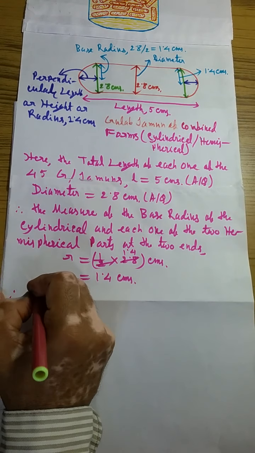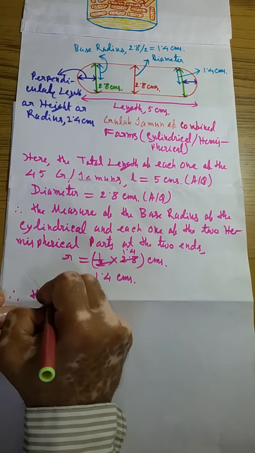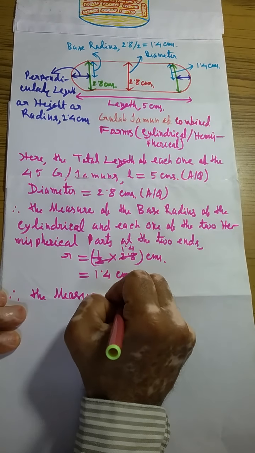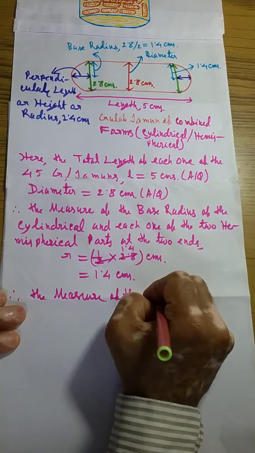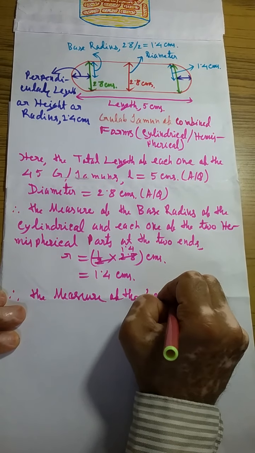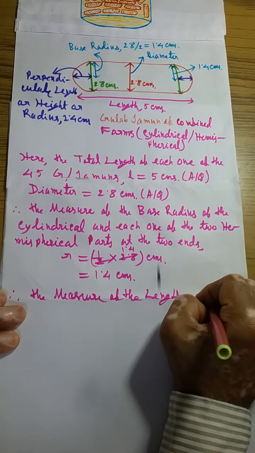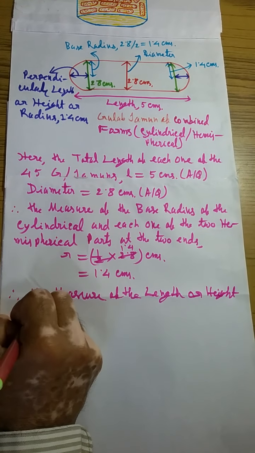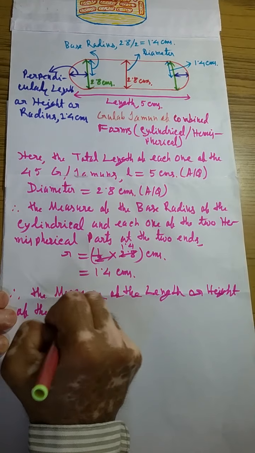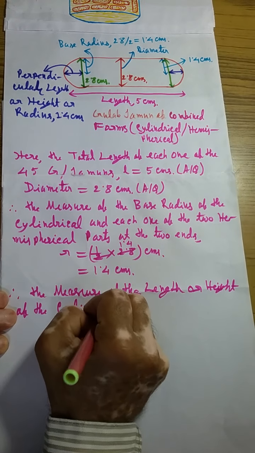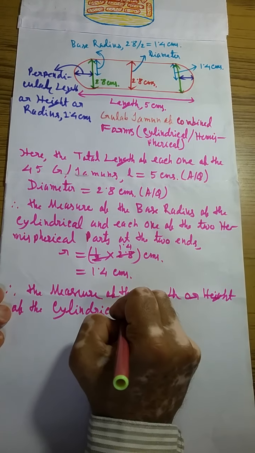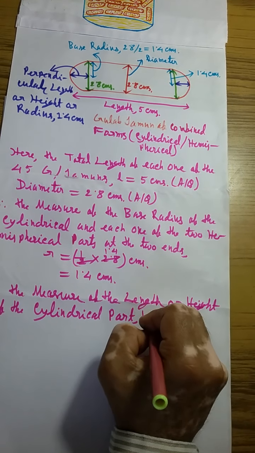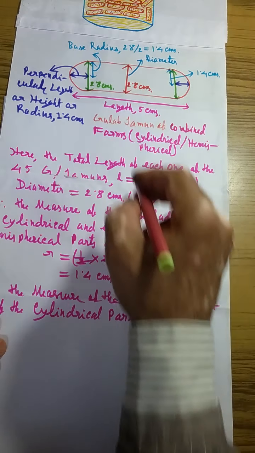Therefore the measure of the length or height of the cylindrical part is equal to the total length 5.